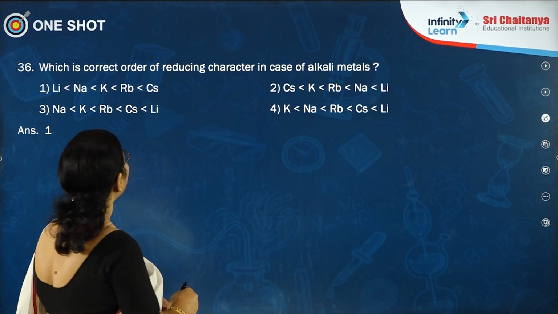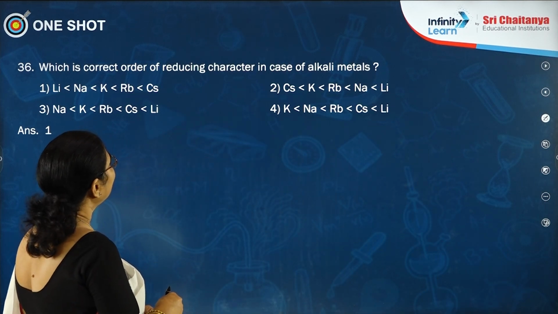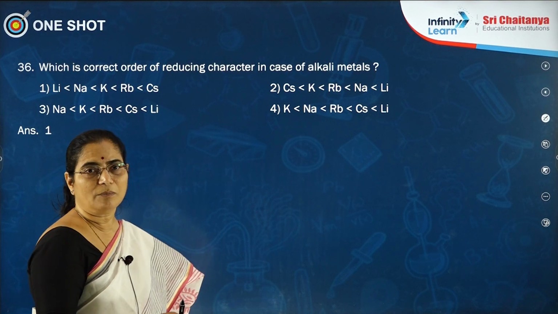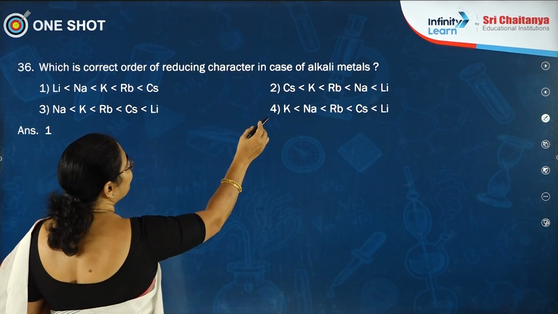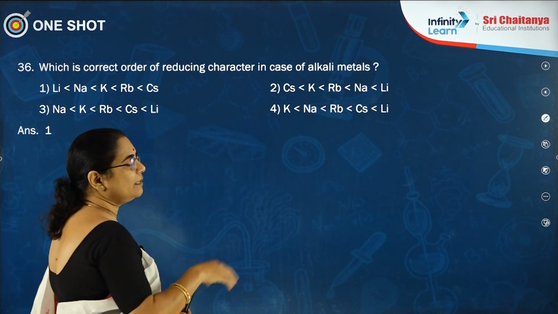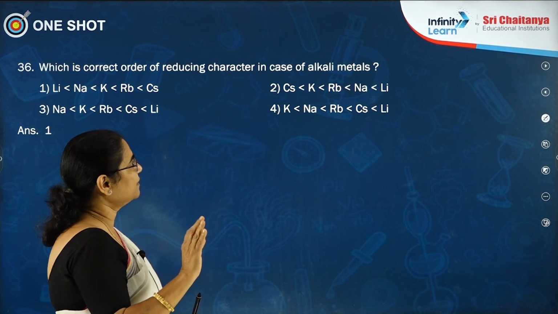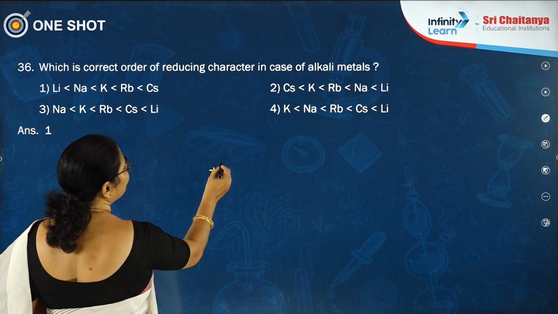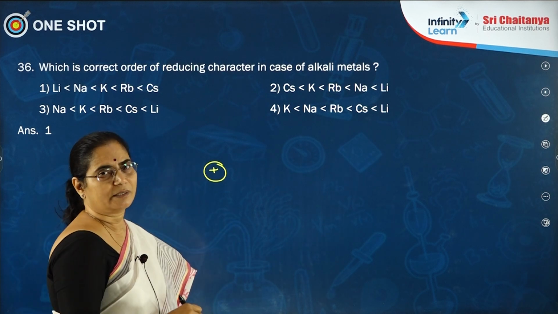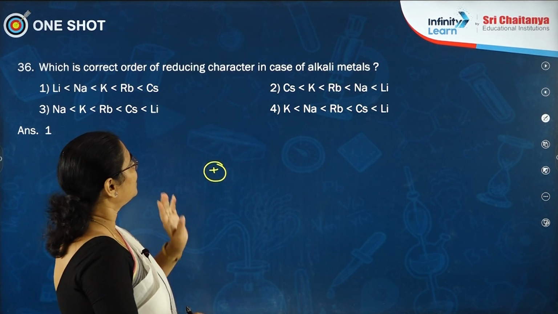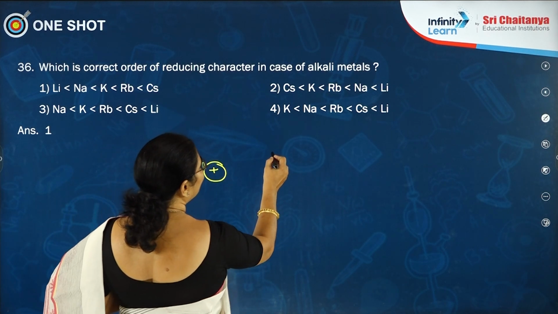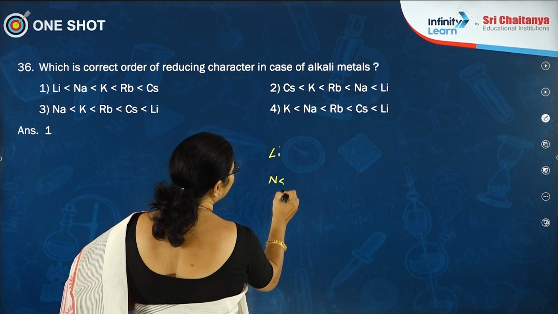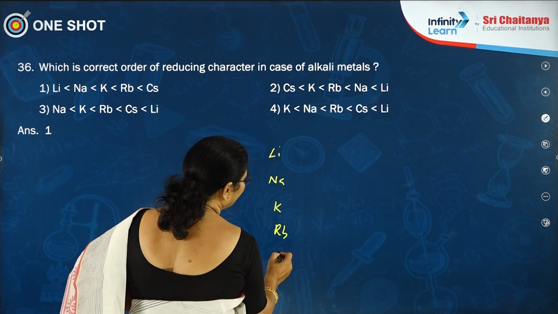Which is the correct order of reducing character in the case of alkali metals? All of you listen: when metals are given, not water, non-aqueous if it is not mentioned; if ions are given, ion means compulsorily that is an aqueous state. Here alkali metals are asked. Down the group, what happens to lithium, sodium, potassium, rubidium, cesium?